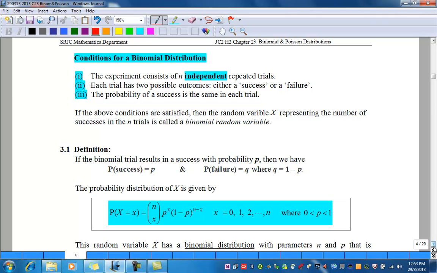Then the probability distribution of X is given by P(X = x) = nCx p^x (1 - p)^(n - x), where x takes the value from 0 right up to n, and p is between 0 and 1.